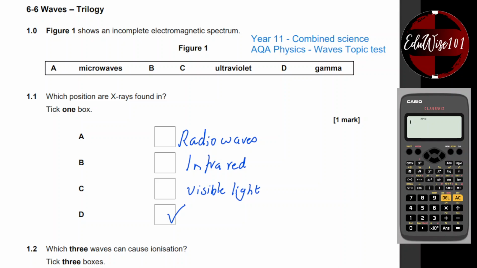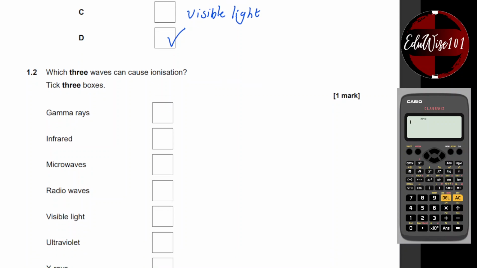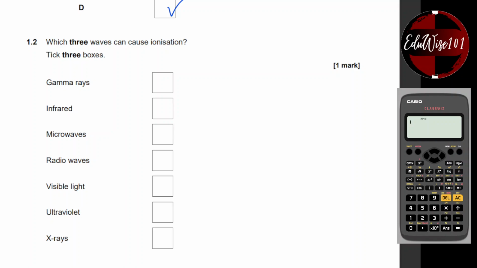Question 1.2. Which three waves can cause ionization? Tick 3 boxes. So 1 mark for all 3 answers. Gamma rays, they are not in order, so it will be ultraviolet and X-rays.